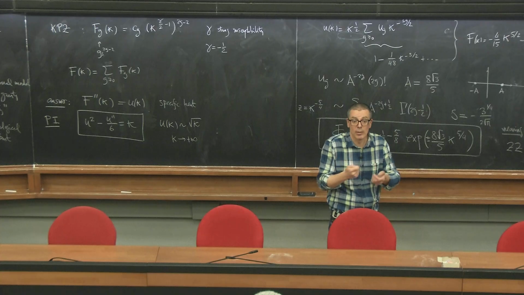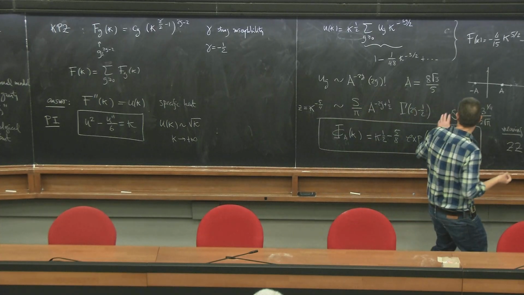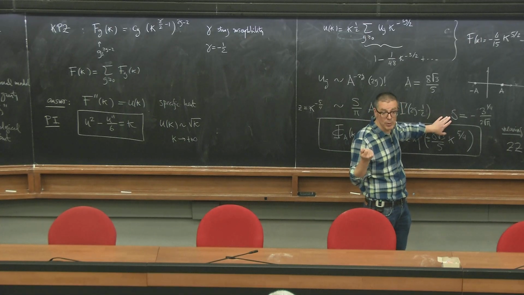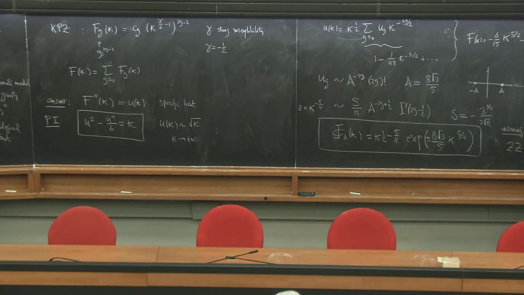That's why I insisted so much that you have to distinguish the Stokes constant, which is an intrinsic property of the perturbative series, from the transseries parameter, which is totally arbitrary, okay? Unless you give me some additional information about the kind of solution you want to have. For example, in Painlevé II, we know what is the solution you want to get. You write these transseries ansatz, and this fixes the value of C completely, okay?